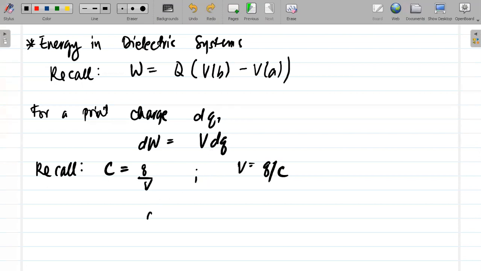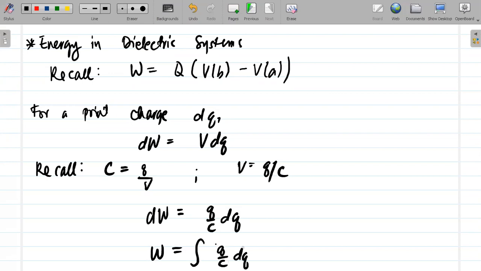So we get dW equals q over C dq. Now, the total is the integral of q over C dq. But your total is your charge differential dq, right? So those are the bounds of your integral, from 0 to your total Q.